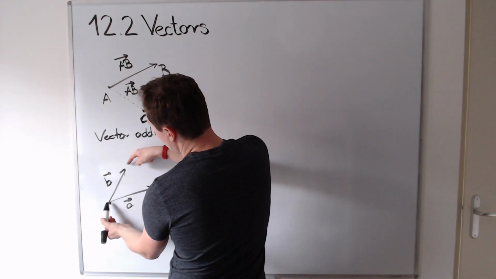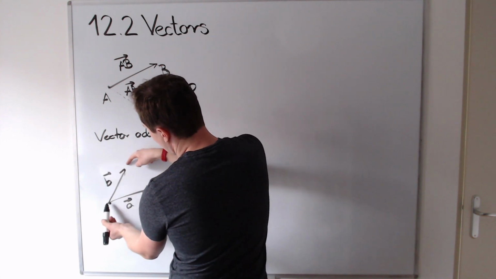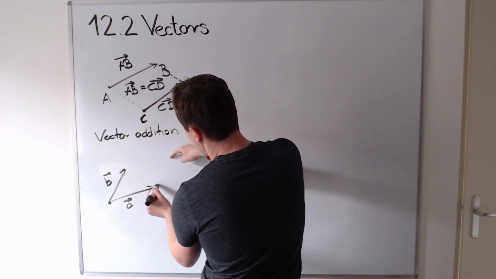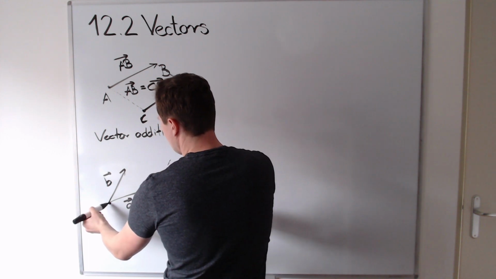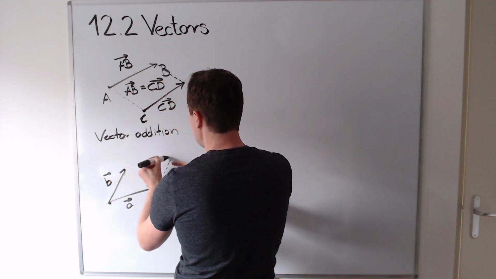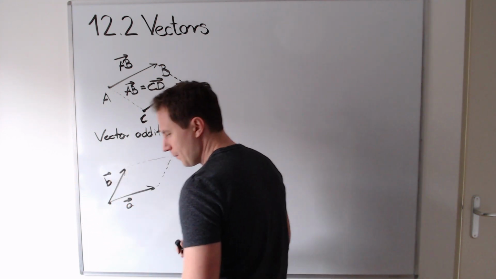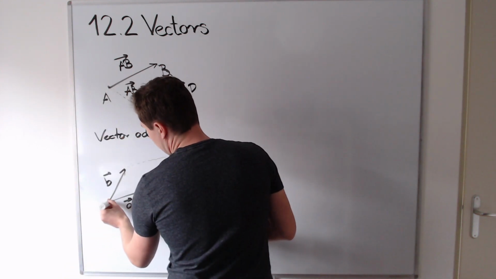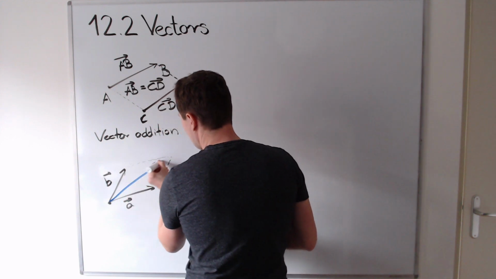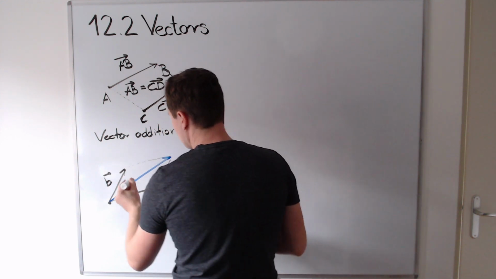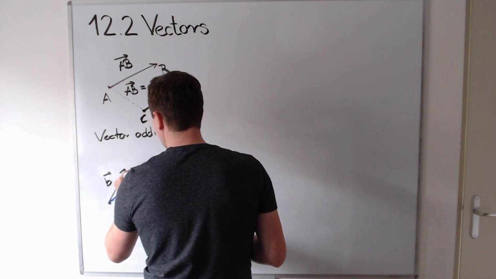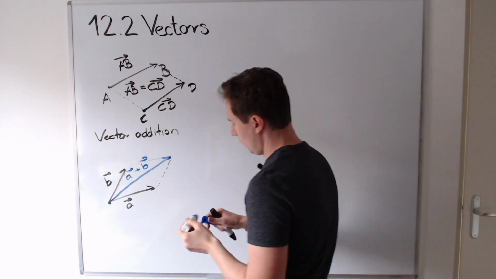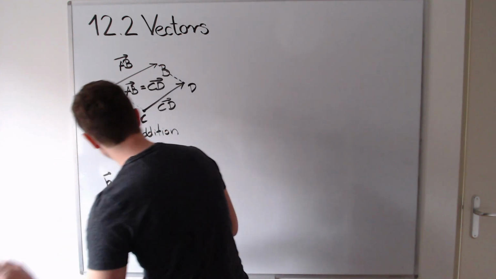Then you form a parallelogram by shifting the vector B along the vector A and vice versa with the vector A along the vector B. This way you get this parallelogram, and the sum of these two vectors will have the same initial point and go to the opposite corner of the parallelogram. So that's the sum of the two vectors A and B.